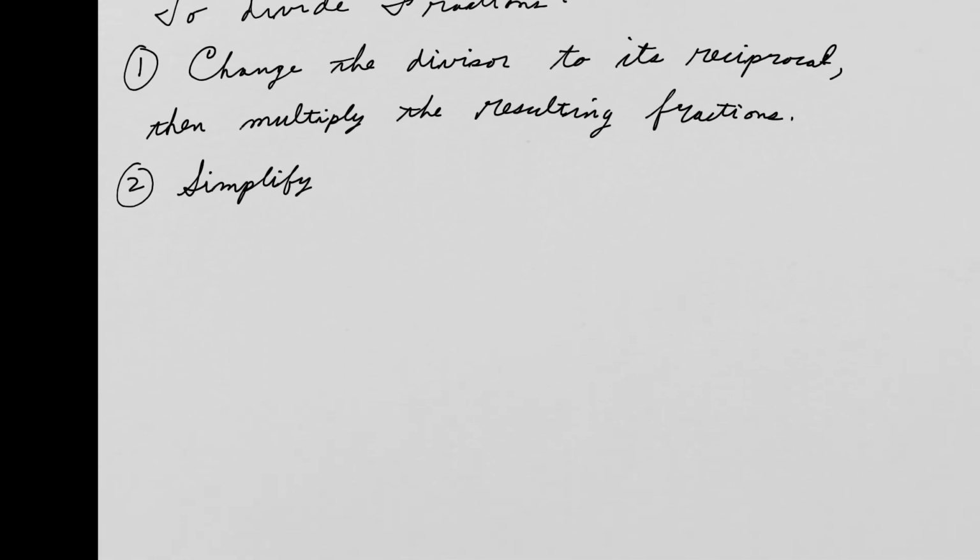So here's an example. Let's say I want to divide 2/3, right, divided by 3/5. Okay. By the way, I could also write it like this, right? I could say this is 2/3 over, which means divided by 3/5. Okay.